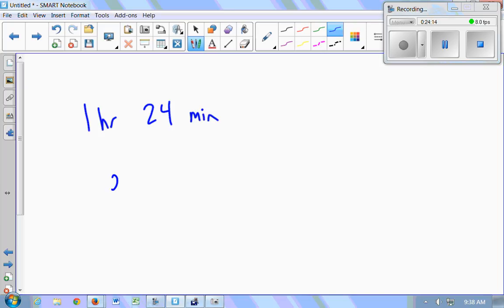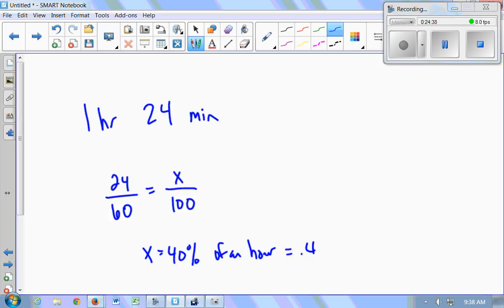So I could do 24 is to 60, part to whole, as what is to 100, right? If I wanted to figure out what percentage of an hour it is. And then I would solve this and I would get x equals 40% of an hour, or 0.4. Right? So this is 1 hour plus 0.4 hours, 1.4 hours.